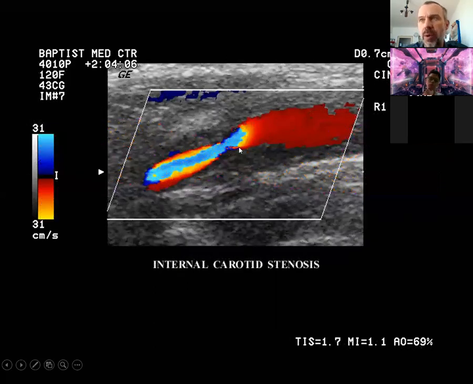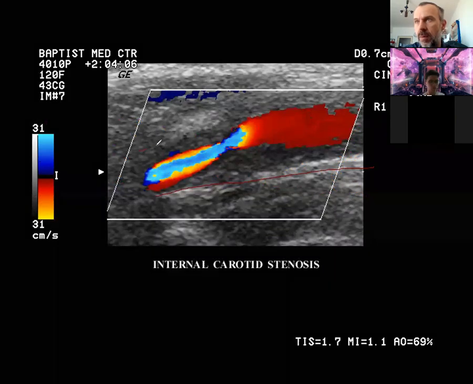What happened here? Here you can see a stenosis. This is the wall, or I can draw it. This is the wall. And this is already an atherosclerotic plaque. And the more blue, it means the quicker current. That means the blood gets quicker through this canyon, through this narrowed place.